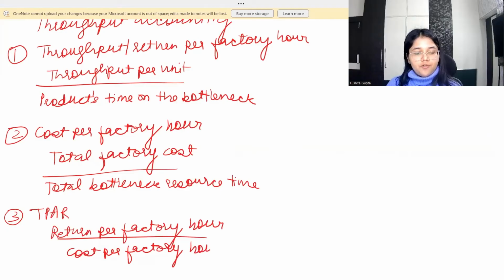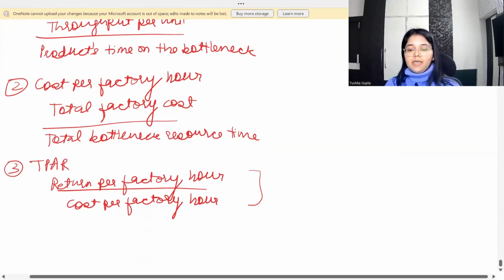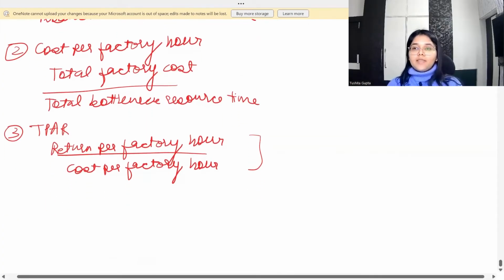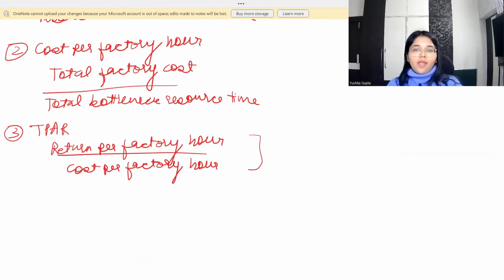So the first two formulas that we learned are the ones that are going to be used to ultimately work out your TPAR. Now, this is all that we learn about throughput accounting. This is all the bookish knowledge that is there to gain. Now, the practice onus lies on you guys. I'm just revising the concepts for you.